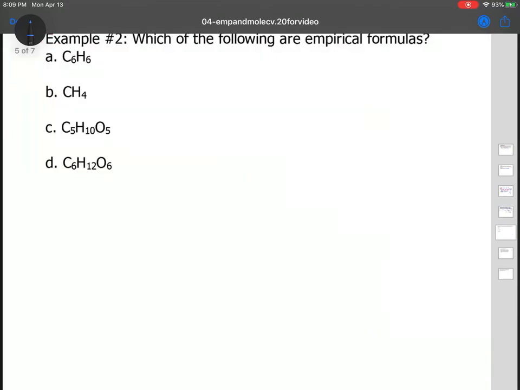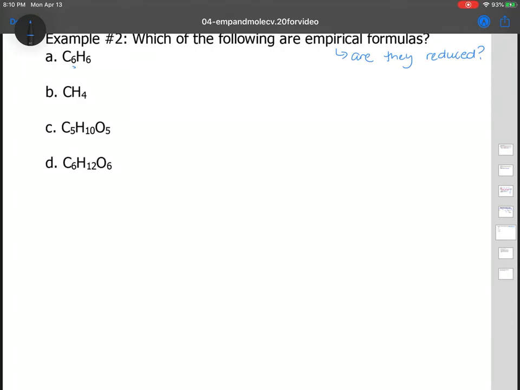Okay, so another type of question, so you could be asked to calculate the empirical formula straight up, or you could be asked which of the following are empirical formulas. So you're basically checking, are they reduced? And these are real things. C6H6 is a molecule called benzene, which maybe you've heard of. It's a very toxic, powerful, smelly industrial solvent.